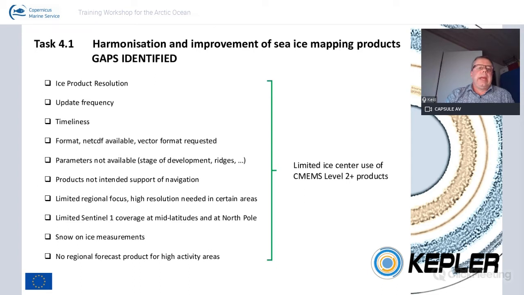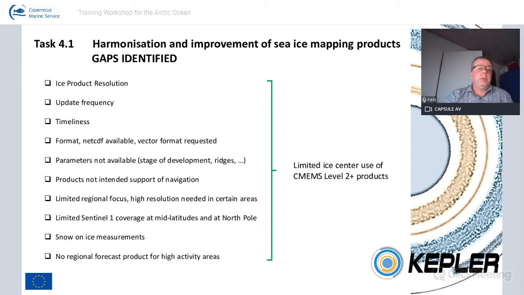Some of the gaps that we have identified: going into the CMEMS product catalog, we need to focus more on ice product resolution. The question about resolution is an important one, because in some communities, 1 kilometer resolution is considered high resolution, but it doesn't work in our community.